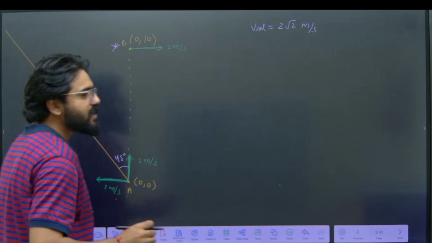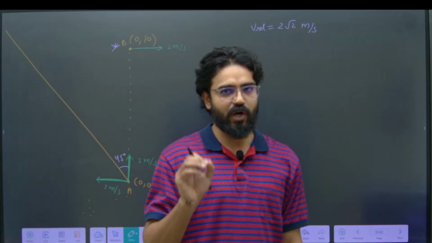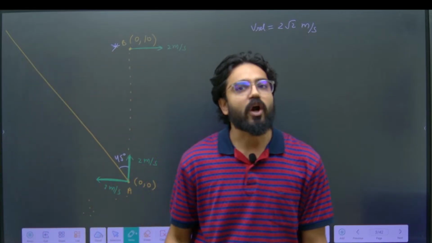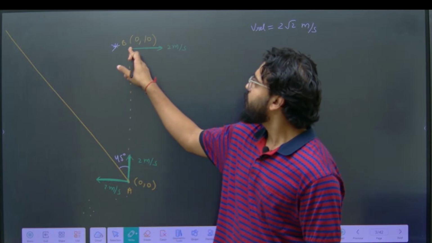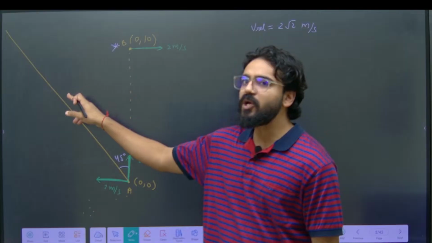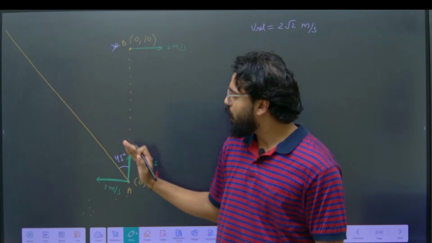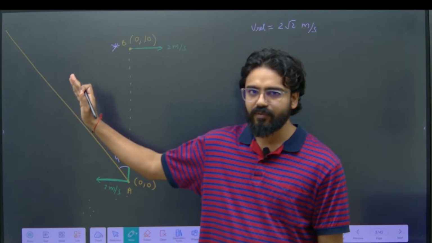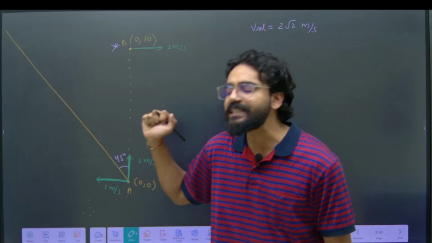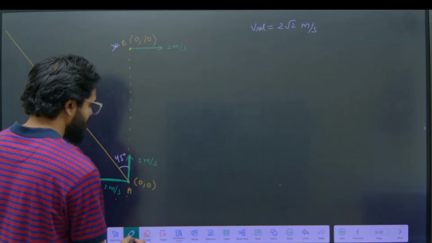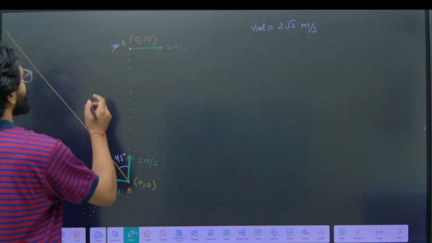So what is the shortest distance? If you want to learn right now, the shortest distance is this: you drop a perpendicular line on this V relative, and whatever that distance is, it is the shortest distance.